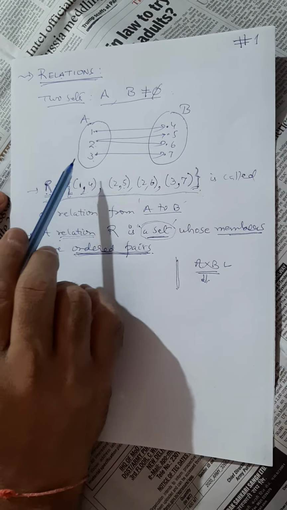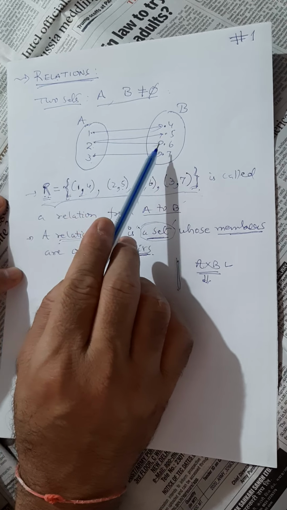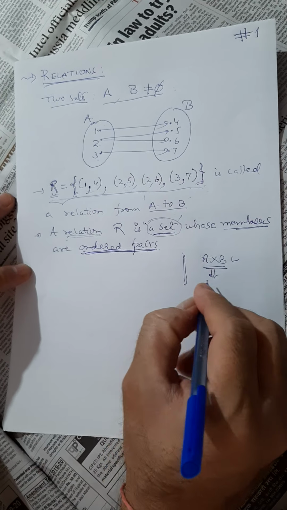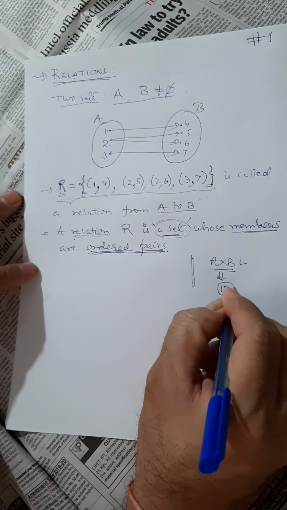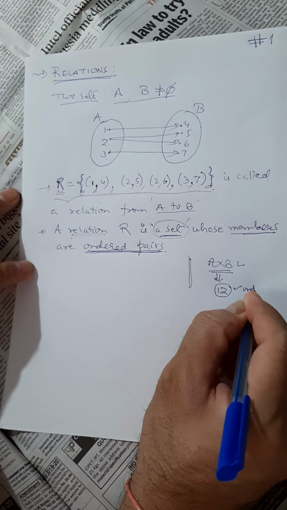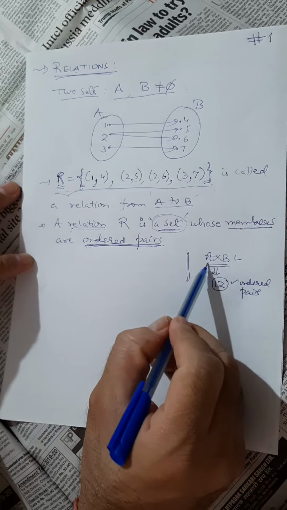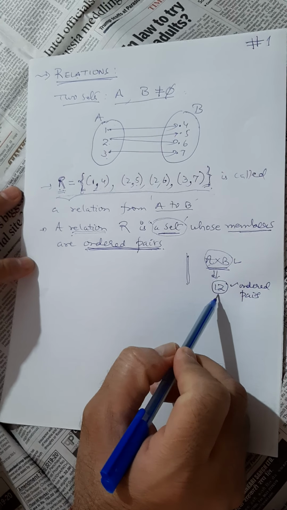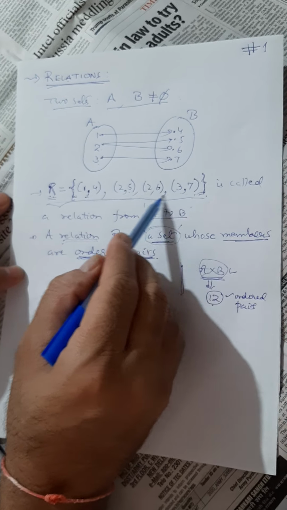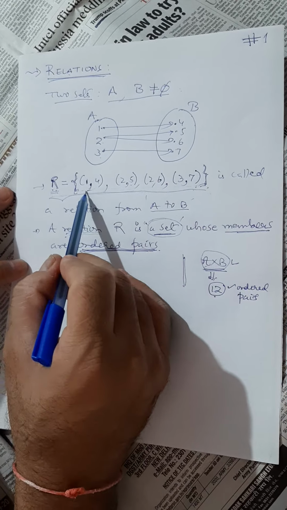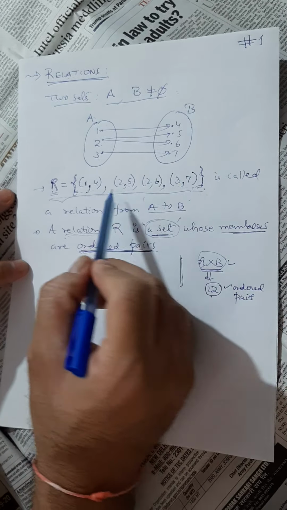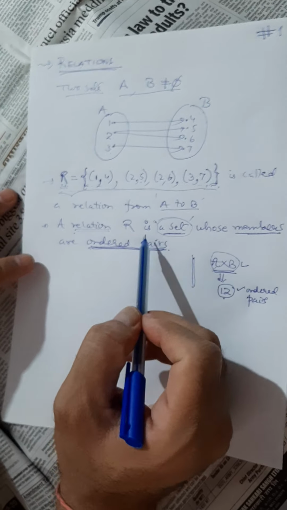Here you have 3 members and 4 members, so in total you have 12 ordered pairs in A cross B. Out of these 12 ordered pairs, I have just chosen 4 randomly. There is nothing special about this. You can select 5, 6 and so on.